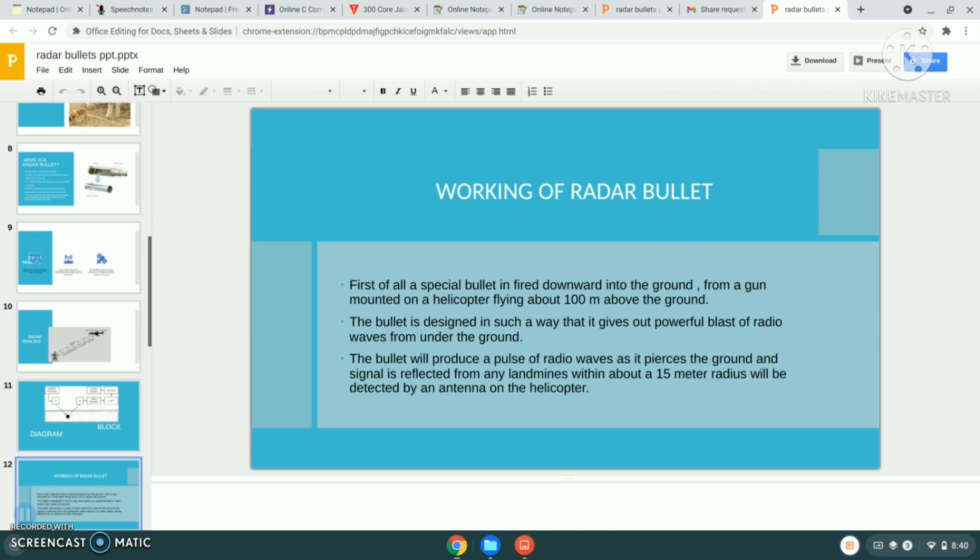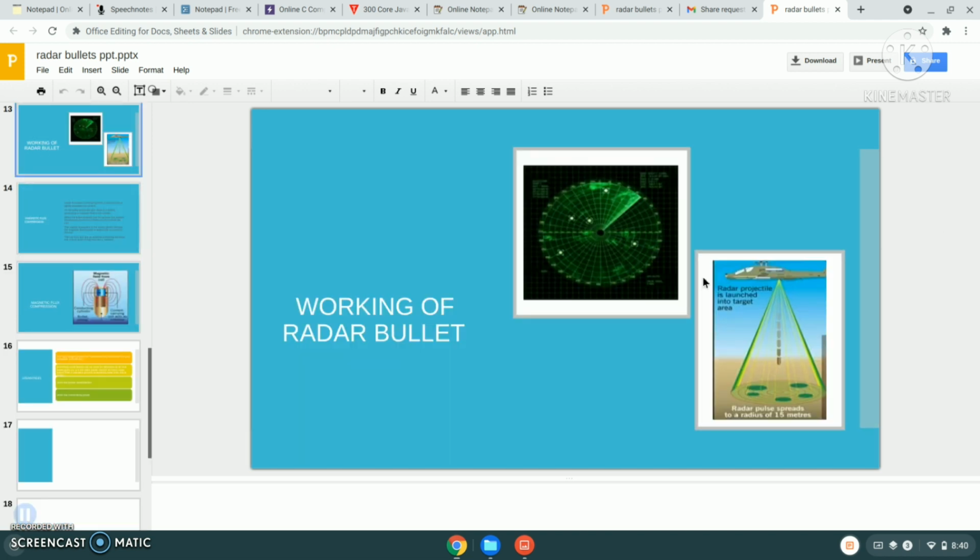Working of radar bullet. How does a radar bullet work? From a helicopter which is above 100 meters from the ground, when the bullet is fired, it releases or transmits the radar pulses deep into the ground, and it displays the landmines present after refracting on the computer which is present on the helicopter.